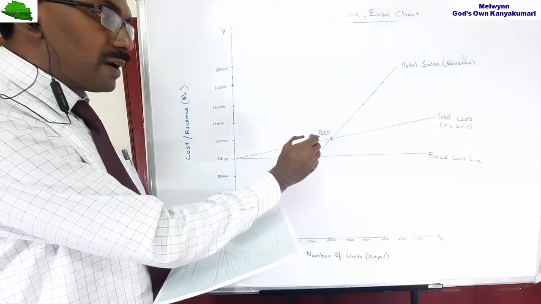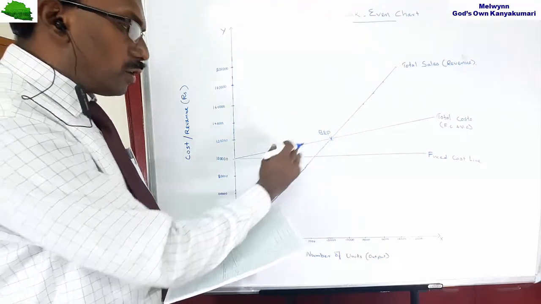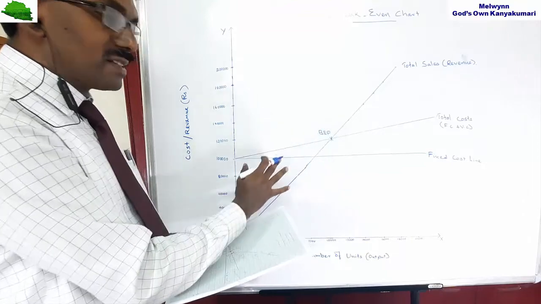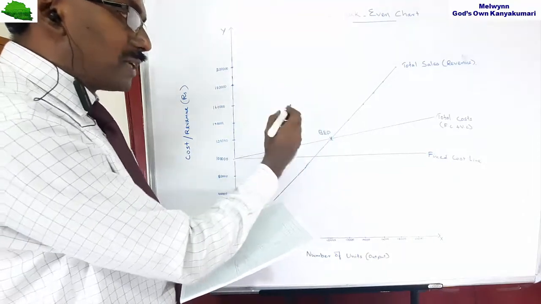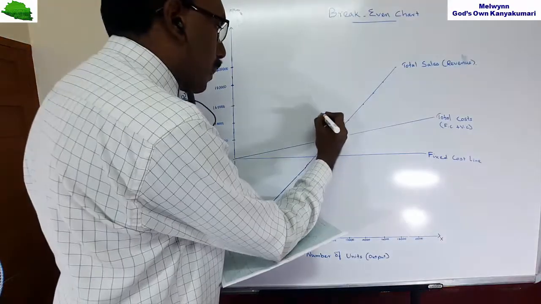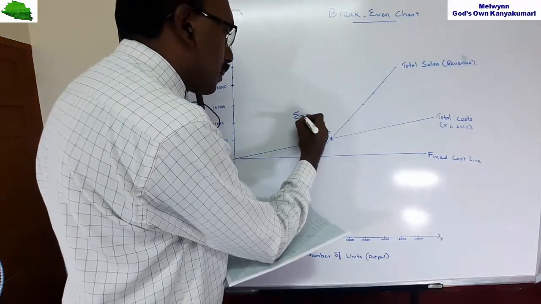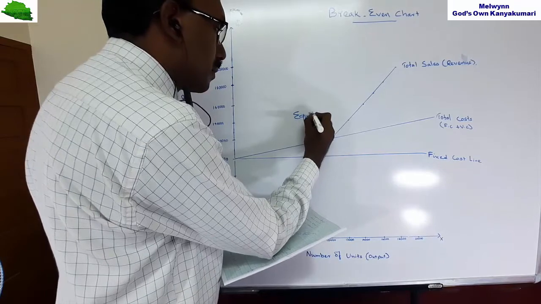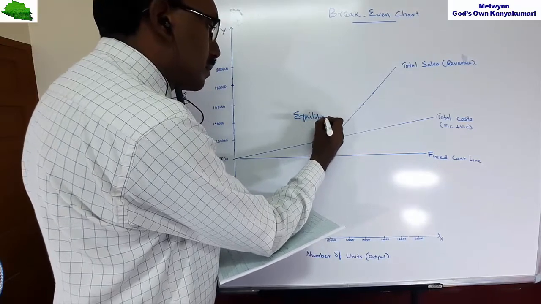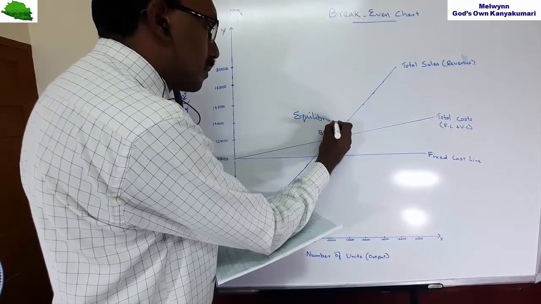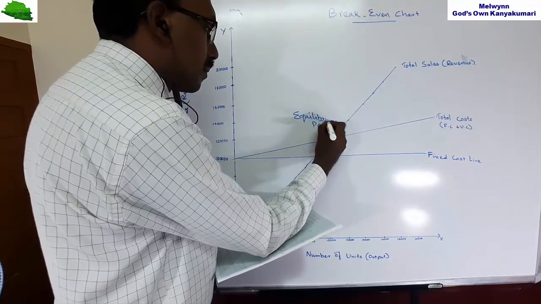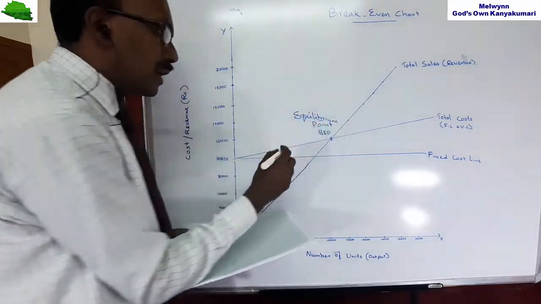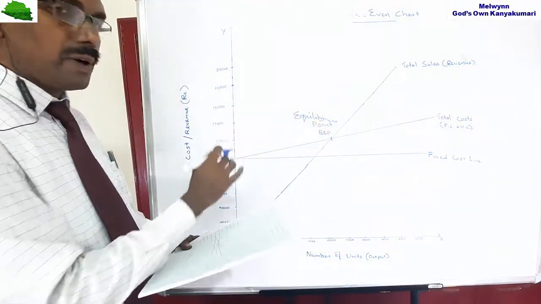So in this point, no profit, no loss to the business organization. So this is an equilibrium point. This point we can call as equilibrium point.